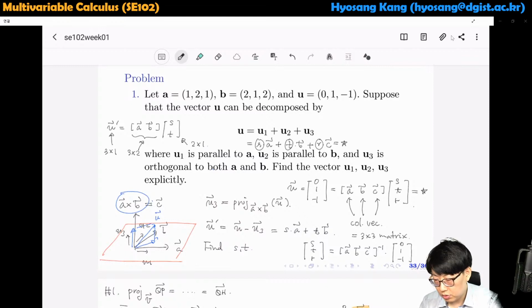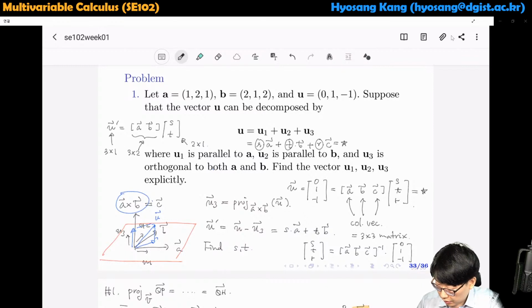The multiplication is well defined, but what we are left with is three equations comparing each component of the left hand side and the right hand side. But we only need to determine these two unknown variables. We don't need three equations to determine two variables. We only need two equations to determine two variables uniquely.